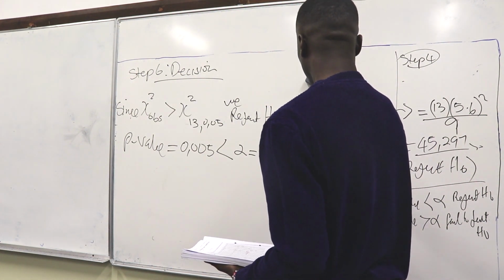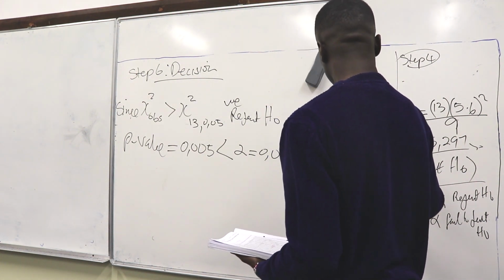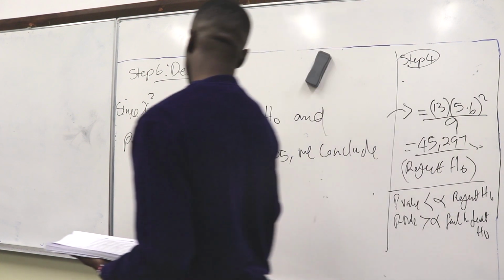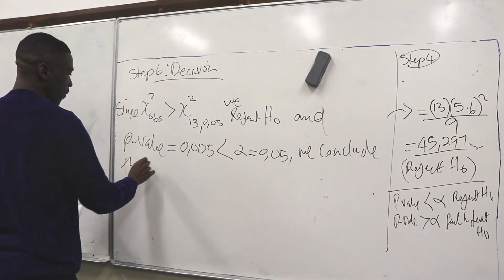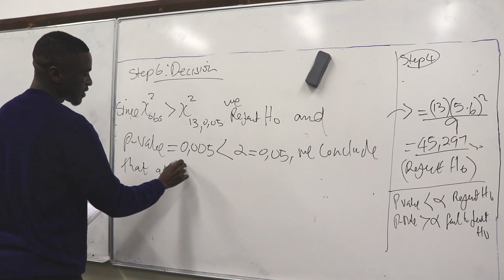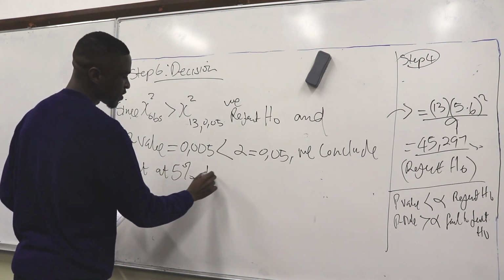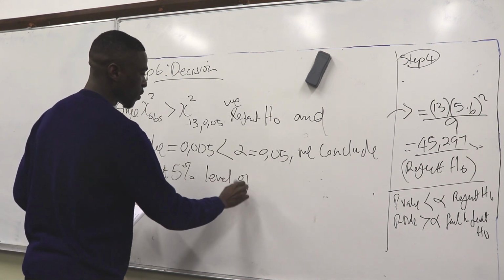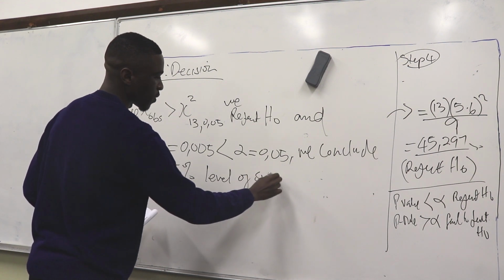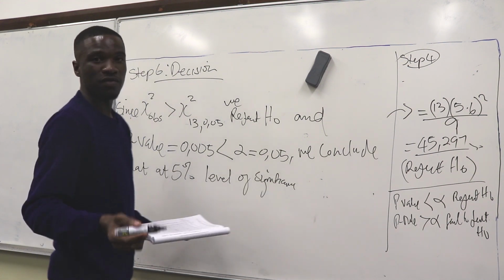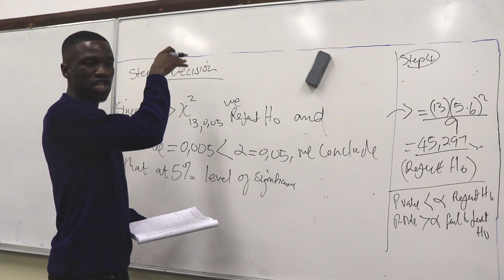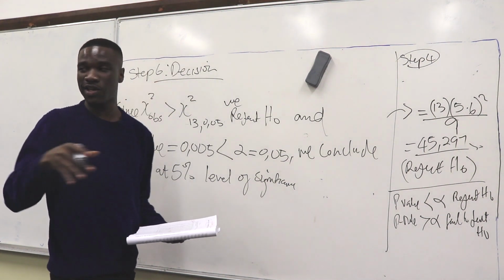So we conclude that at 5% level of significance, we have what? Since we're actually rejecting h naught, which nullifies, we're actually agreeing with h1.